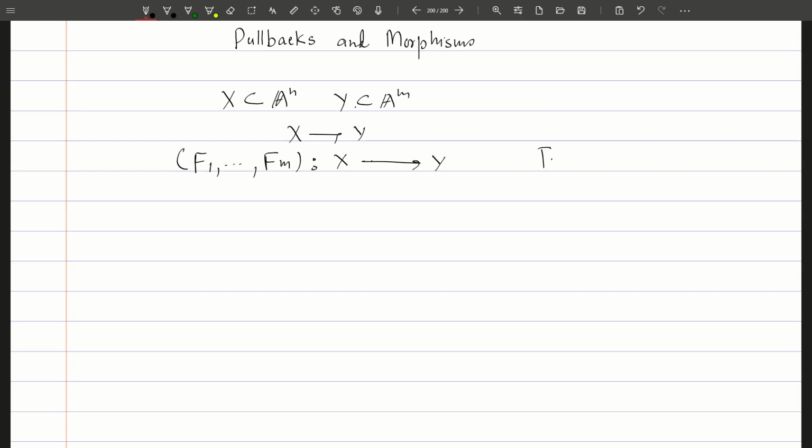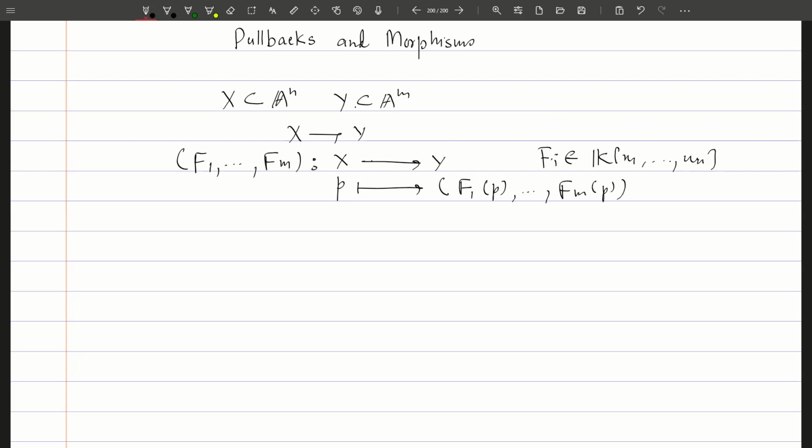Here these fi's are in the polynomial ring k[x1, ..., xn]. This map takes the point p in X to the m-tuple (f1(p), ..., fm(p)).